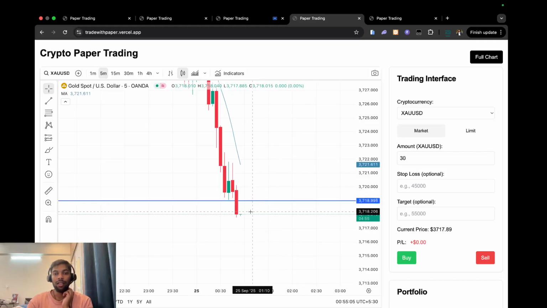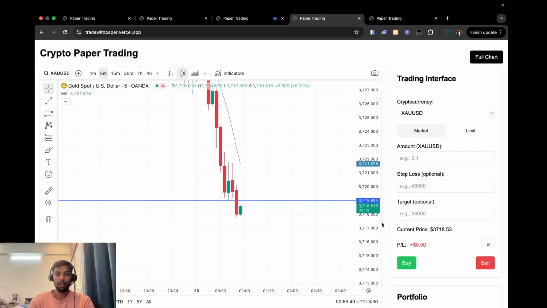Guys, I will enter as soon as there is a tick in the up direction and the market tries to move in the down direction. 3718.